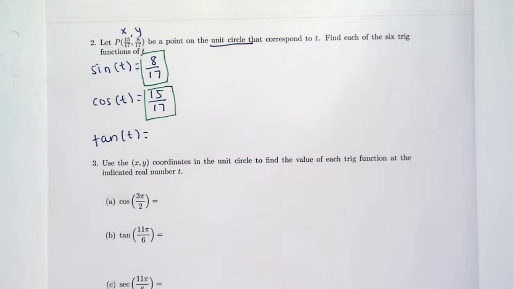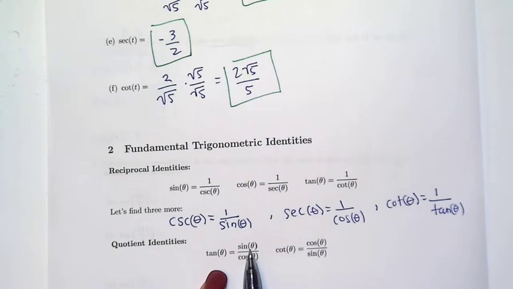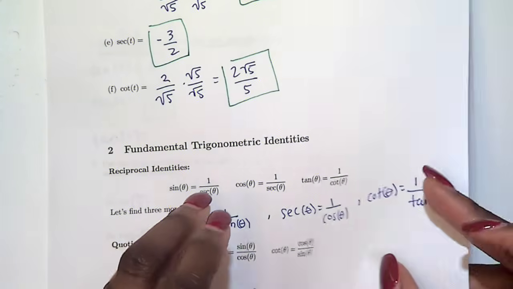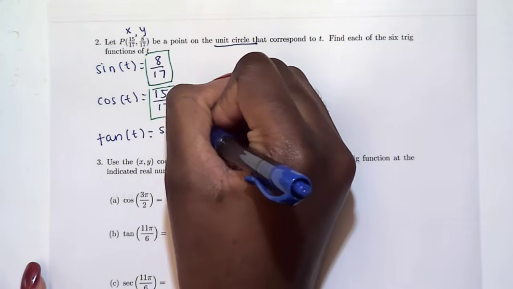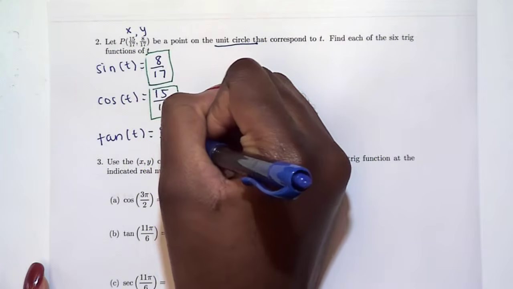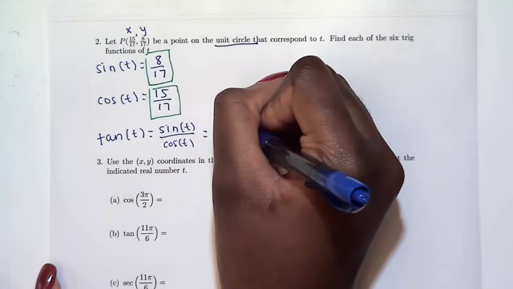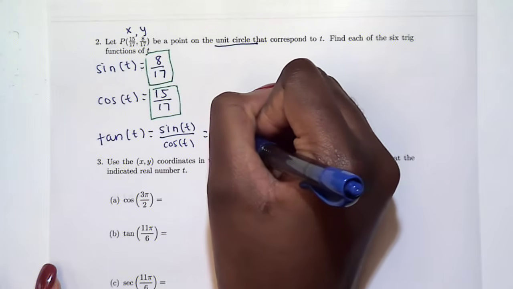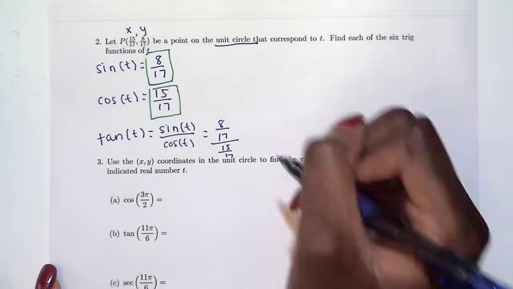Tangent T. So note, we only know sine and cosine. We can still figure out tangent because tangent is sine over cosine. So tangent is the same thing as sine of T divided by cosine of T. So that is 8 over 17 divided by 15 over 17.